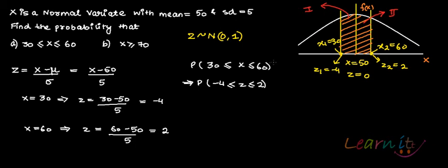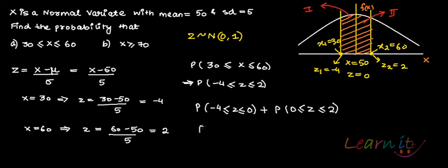First you find out the probability between 30 and 50, or the probability between z1 and z0, that is minus 4 is less than or equal to z is less than or equal to 0. This is the probability that the variate lies in the first region, plus the probability that the variate will lie in the second region. That will start from z equals 0 to z2 equals 2, which is 0 is less than z is less than 2.